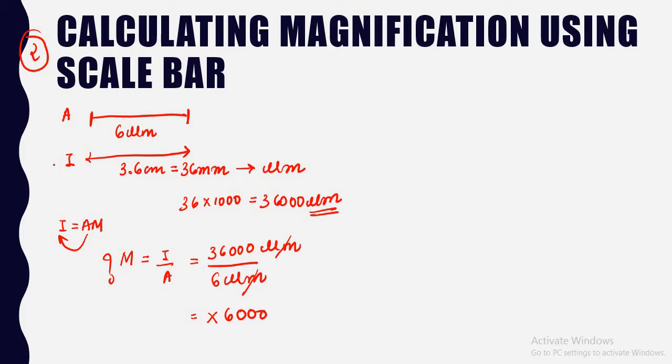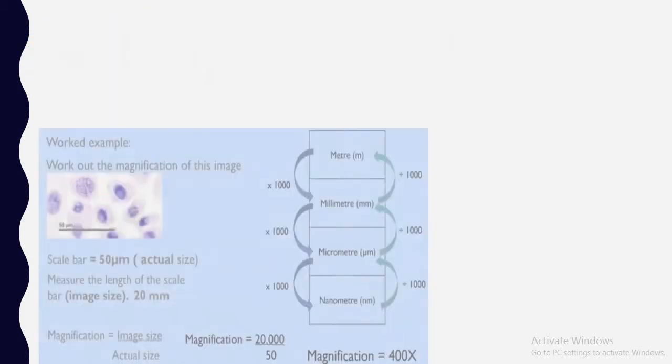Here also same thing, you are finding out the size of this scale bar using a ruler. Then you are converting the unit and then you are applying the formula IM. Whatever is missing, just make the subject. And here you get your answer. This is the second one, when scale bars are given on your micrographs. So see how they are given. I have another example for you guys.